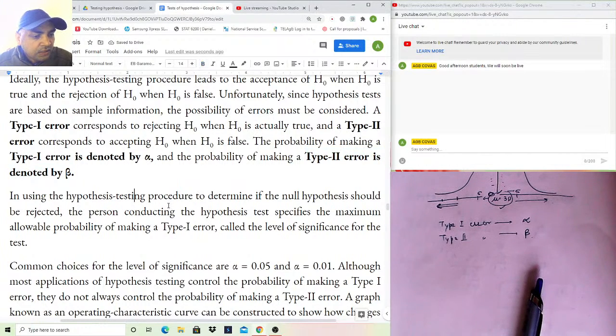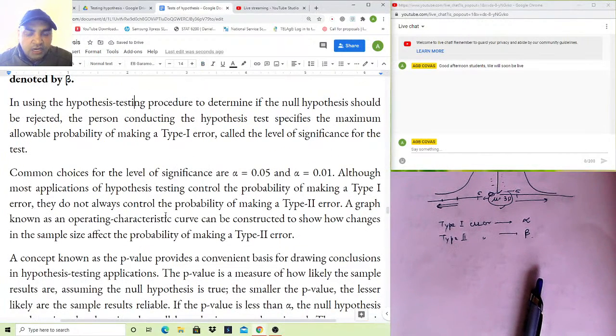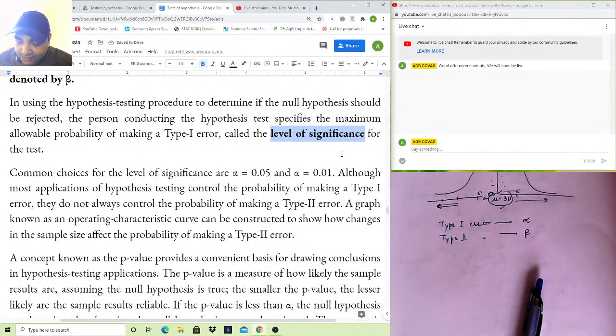In using the hypothesis testing procedure to determine if the null hypothesis should be rejected, the person conducting the hypothesis test specifies the maximum allowable probability of making a type 1 error, which is called the level of significance of the test. So when you are conducting the test, you have to specify how much type 1 error you can commit. And what is a type 1 error?